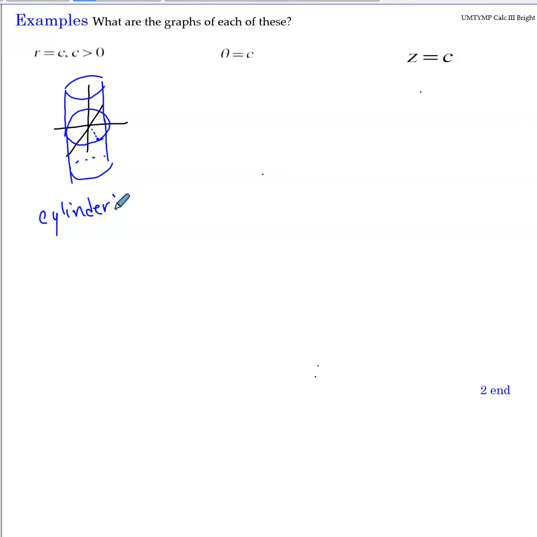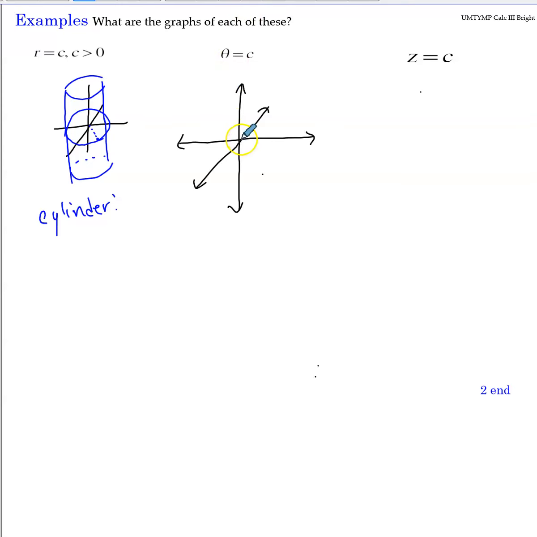Now looking at the next one, if we're saying theta is equal to a constant, that means that we've rotated around an axis, and then the distance that we go along that angle of rotation, and the height, is infinite.